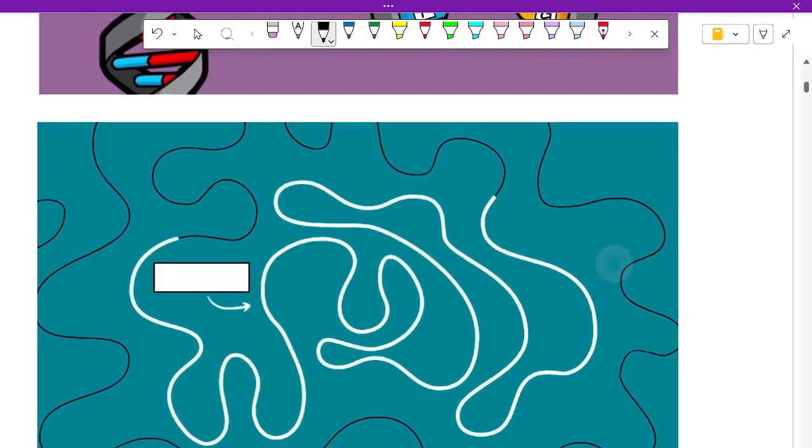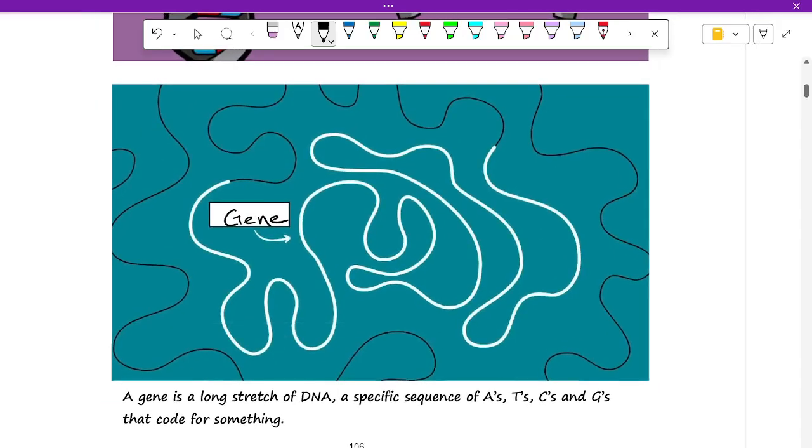What do we call this stretch of DNA? That is a gene. It is just a section of DNA.